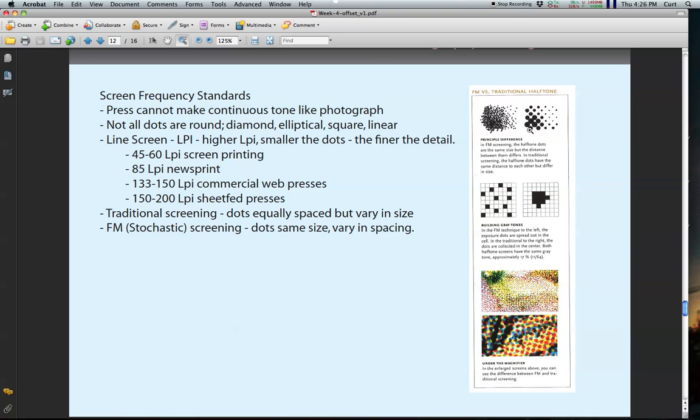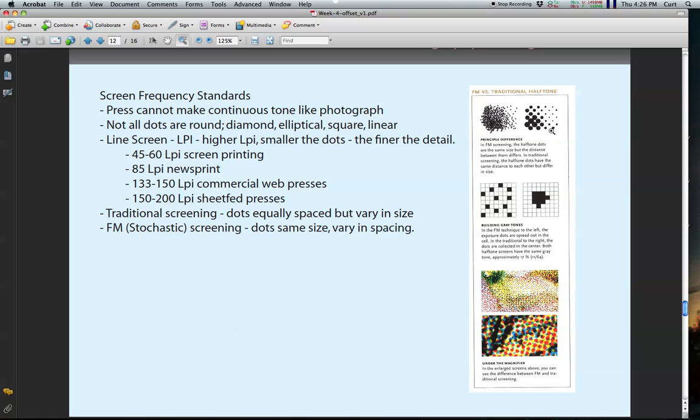You'd see those dots. When we're looking at screen printing, it's around 45 to 60 lines per inch in the screens that they will use. Newspaper printing, they put more lines in an inch. They do about 85. And then when you get up to offset presses, they're 133 to 200. Mainly nowadays, they're about 175 to 200 is the standard.